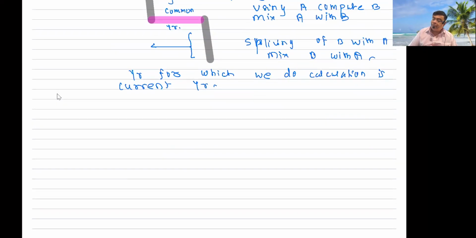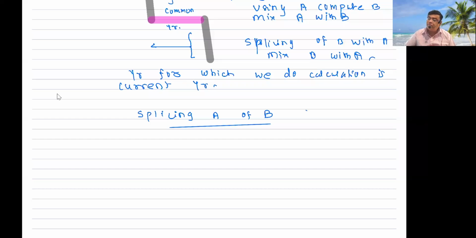Then I consider splicing of A with B. Tell me, when I say I want splicing of A with B, what do I want to find? This is important to understand. Is it A or B?